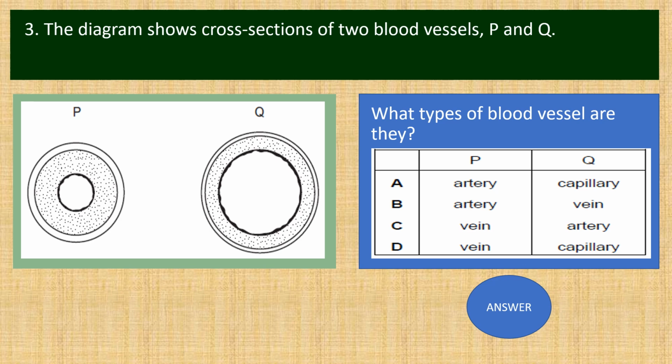Letter B. P is artery and Q is vein. C. P is vein and Q is artery. And lastly, D. P is vein and Q is capillary. Click pause, write your answer, and once ready, check the correct answer, click play.